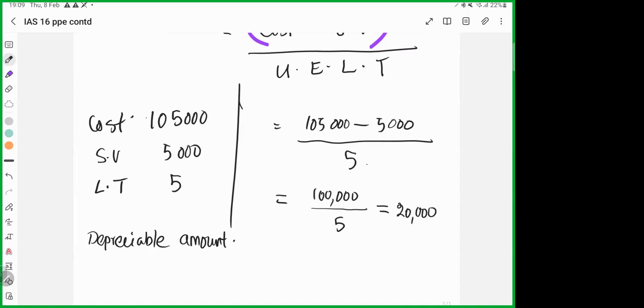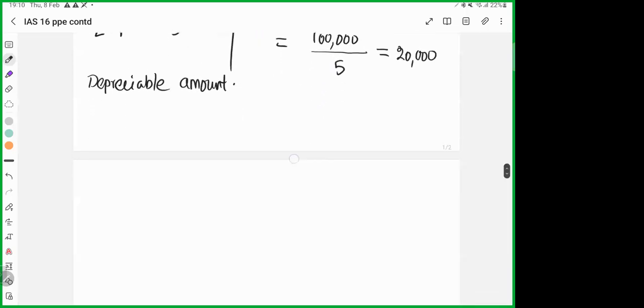Correct? Now, year 1, year 2, year 3, year 4, year 5. What do you think my depreciation per year is? First year, how much?